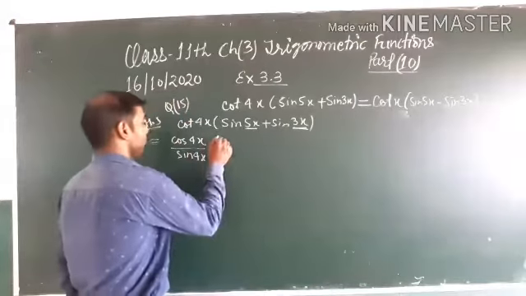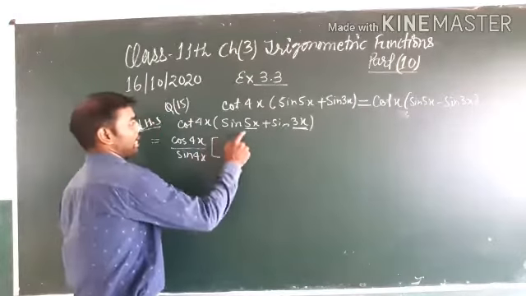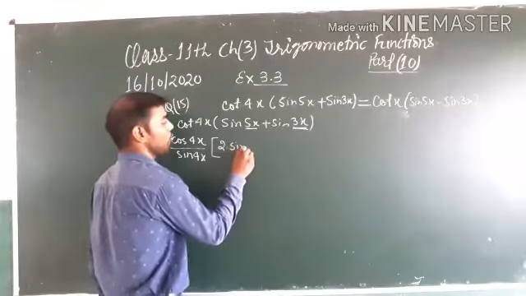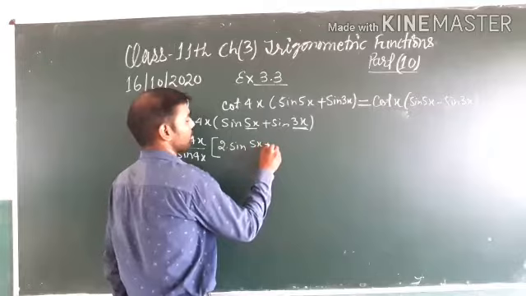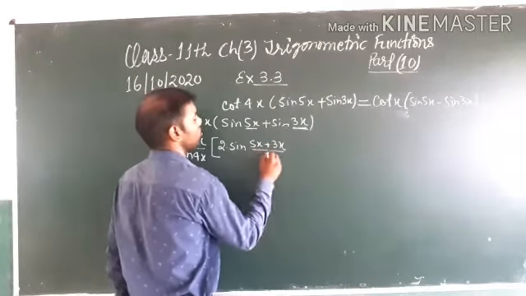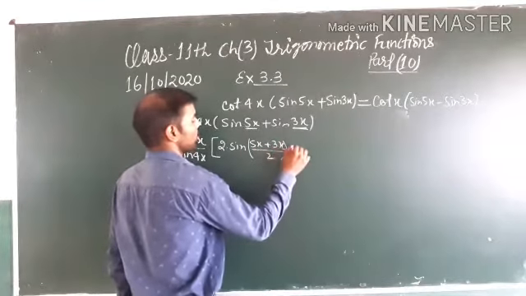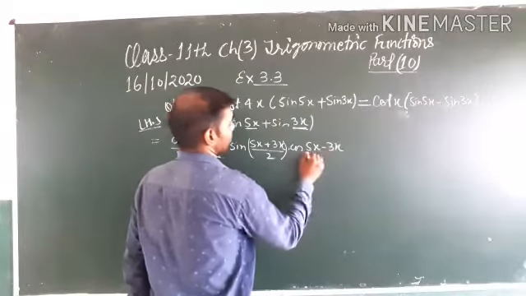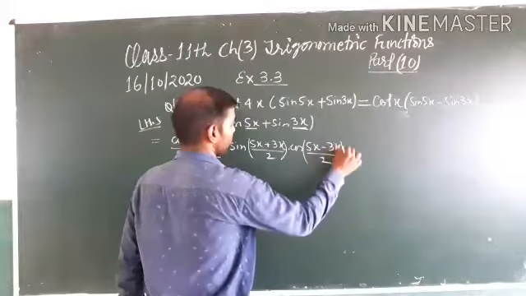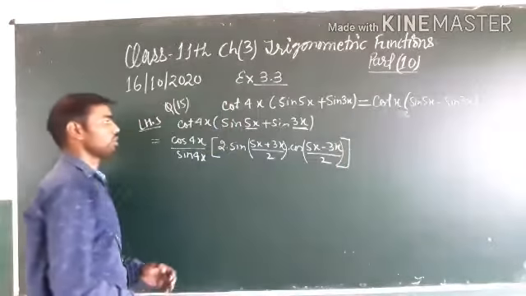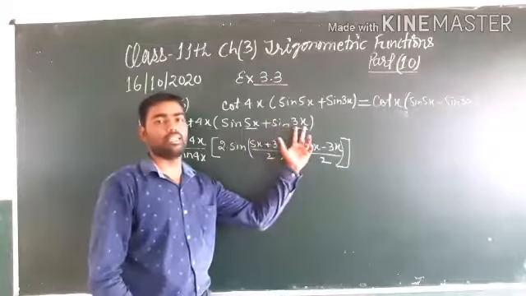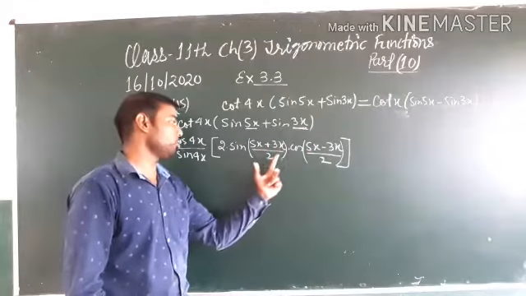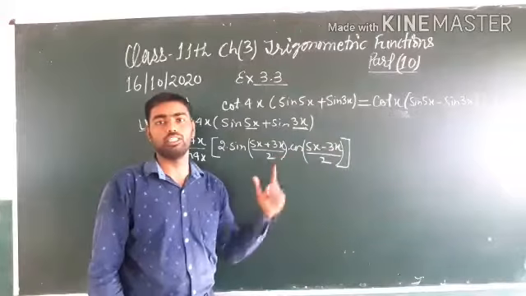Now we use the trigonometric identity: we get 2 into sin of (5x plus 3x) by 2 into cos of (5x minus 3x) by 2.